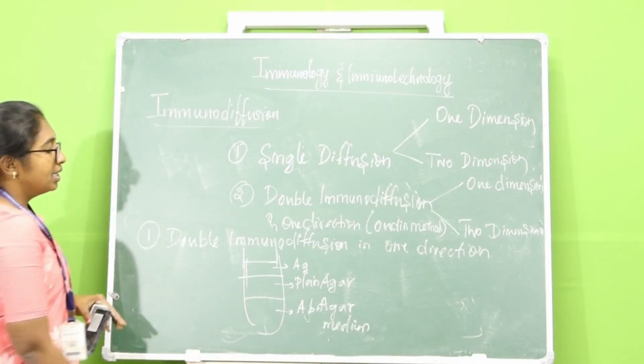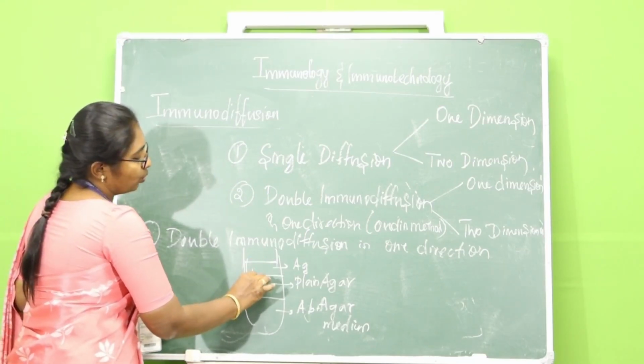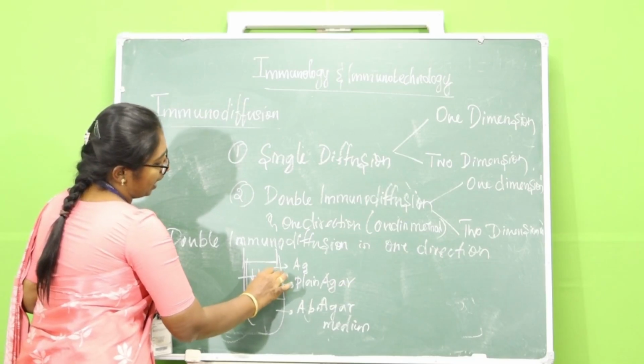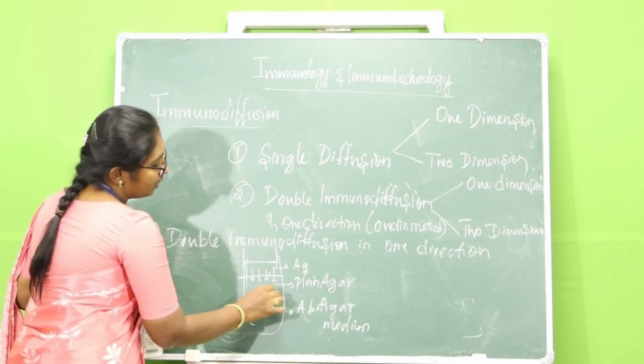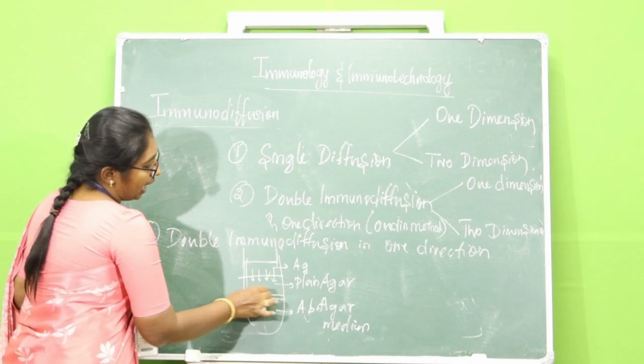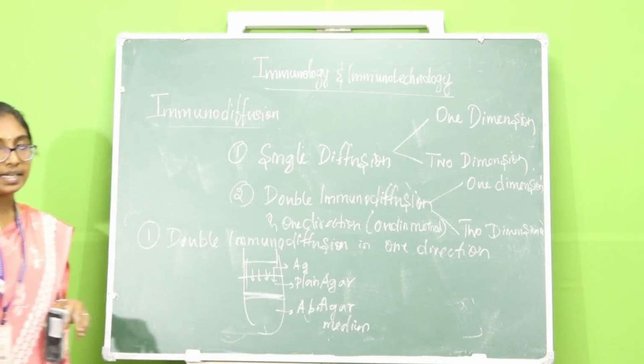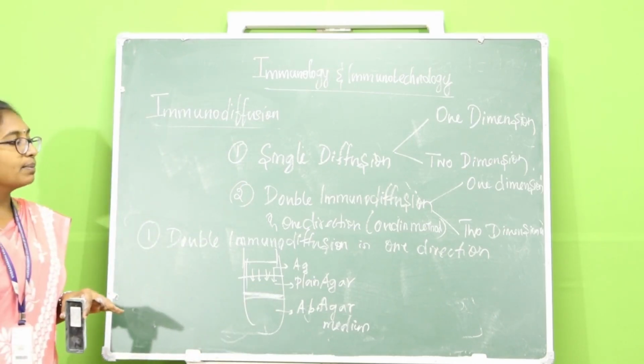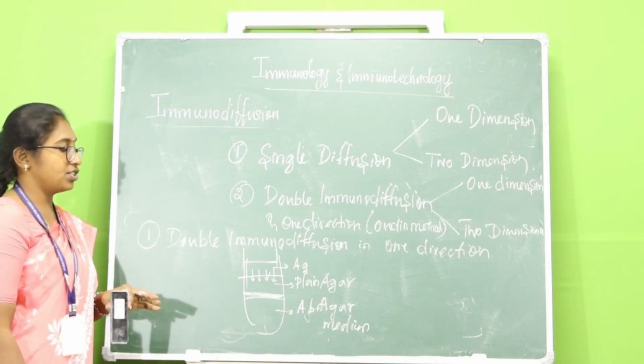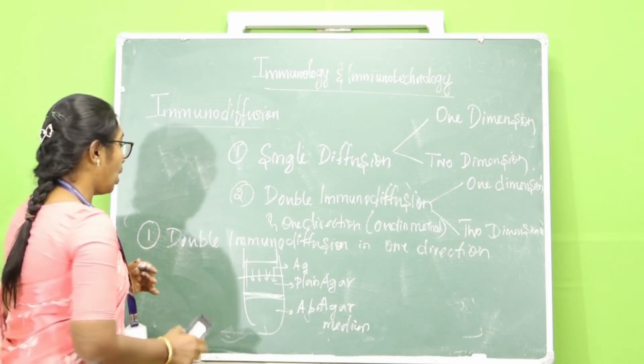This antigen will diffuse towards the plain agar, react with the antibody and form the precipitin line. So this method we call double immunodiffusion in one direction, also a variation of the Oakley-Fulthorpe method.